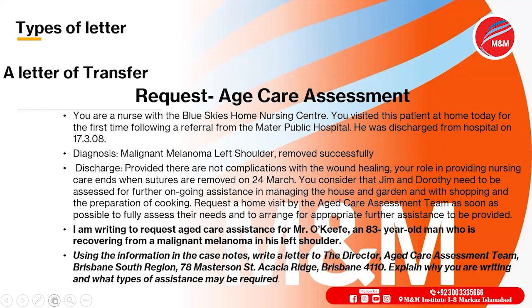So it's a kind of letter of request that we are writing for assistance, right? So I'm writing to request age care assistance for Mr. XYZ, who is recovering from malignant melanoma in his left shoulder. So it's again your letter of request, right?